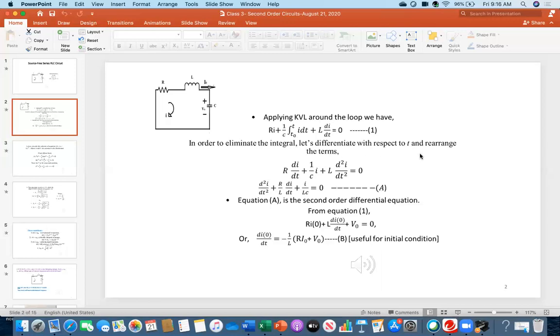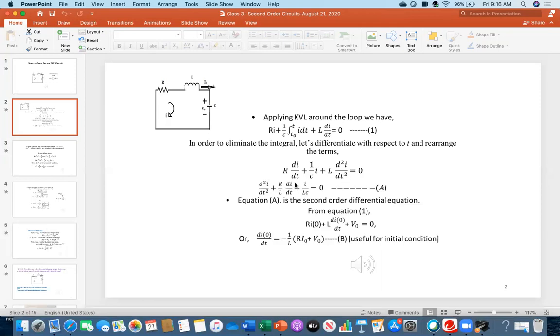So we are doing that and then rearranging the terms, we get this equation. You see R times di by dt, and then the integration of i dt, if you take the derivative, it will come back to i. So 1 over C multiplied by i, then L d squared i by dt squared, that equals 0.